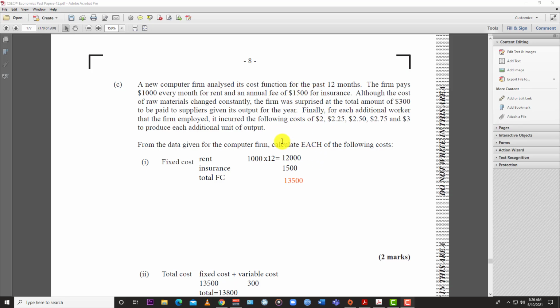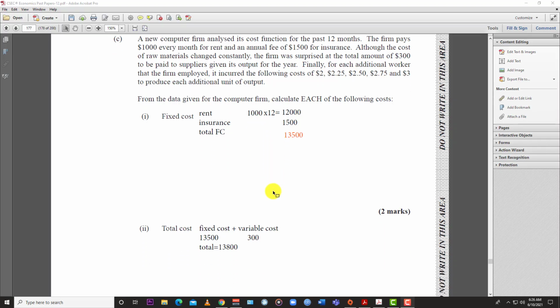And so you add both of them and you get $13,500. So that's your $12,000 plus your $1,500 gives you your $13,500. That's your fixed cost. Okay, so that's your fixed cost right there. You take your fixed assets and you add them together. That's rent and insurance. And you times the rent by 12 because it's a year. And so you get $13,500.